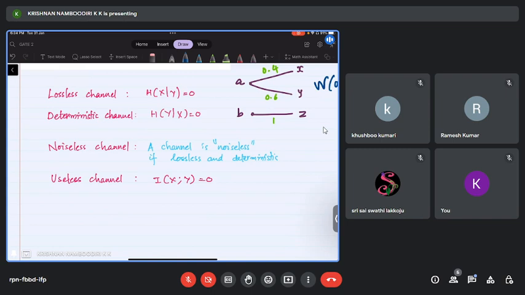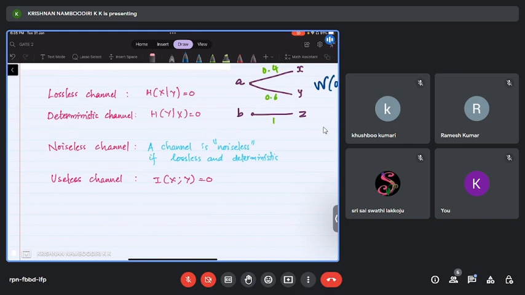Deterministic has a definition: H of Y given X equals 0. Here it is something completely different from the lossless case. When X is known, that means when the input is known, the output is deterministic basically. If you fix the input, then the output is fixed.